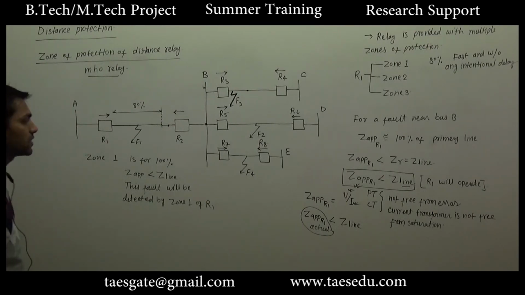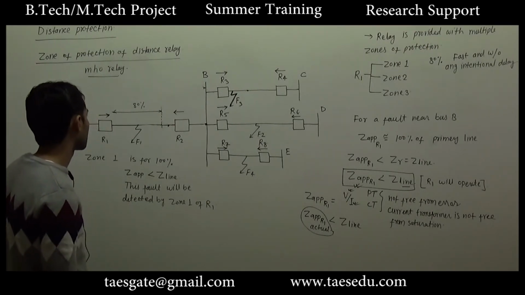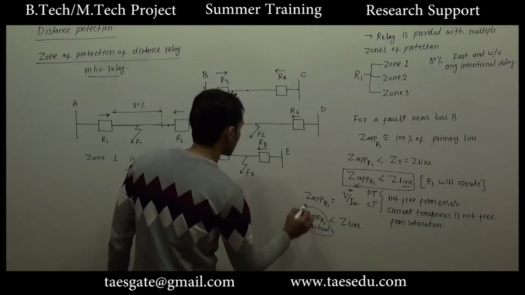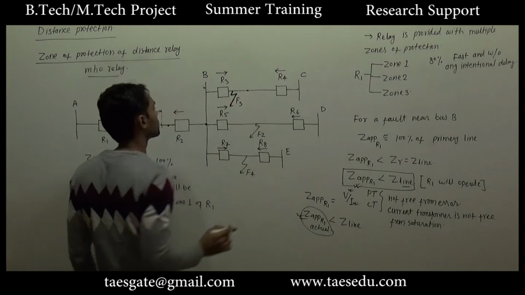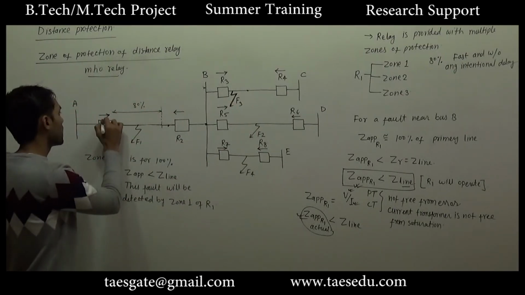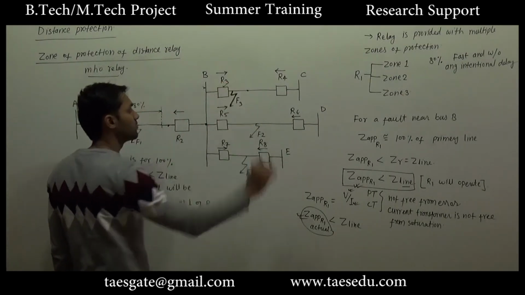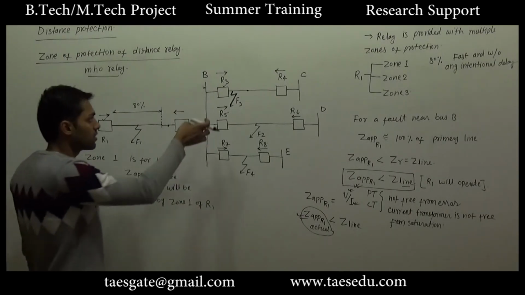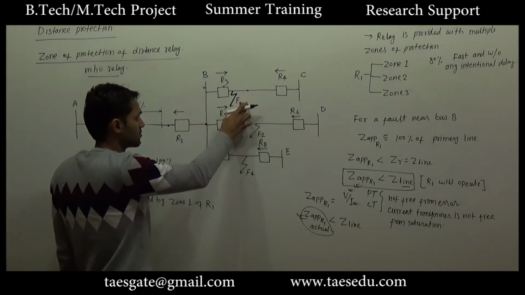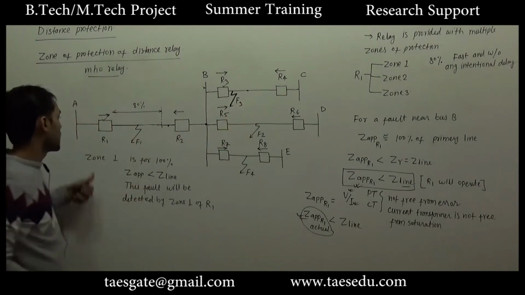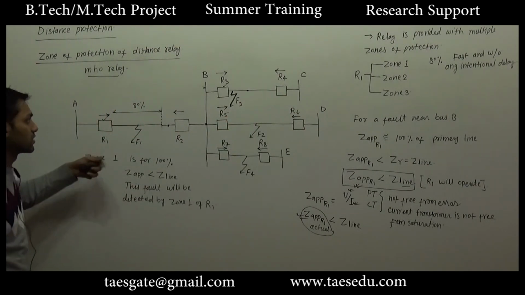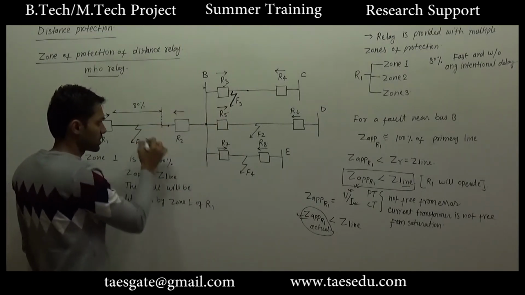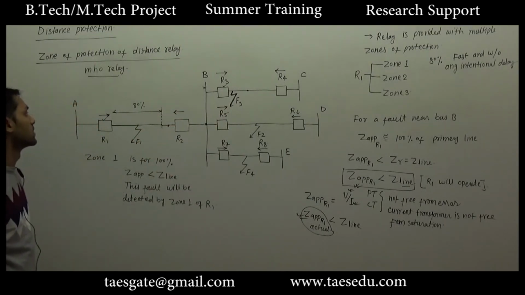So now what will happen? If this condition is satisfied, for this fault, relay R1 and relay R3 will compete for their operation. Okay, if relay R3 is operated first, then it is okay, but if relay R1 is operated first, for this fault, unnecessarily this part of our system will be isolated.